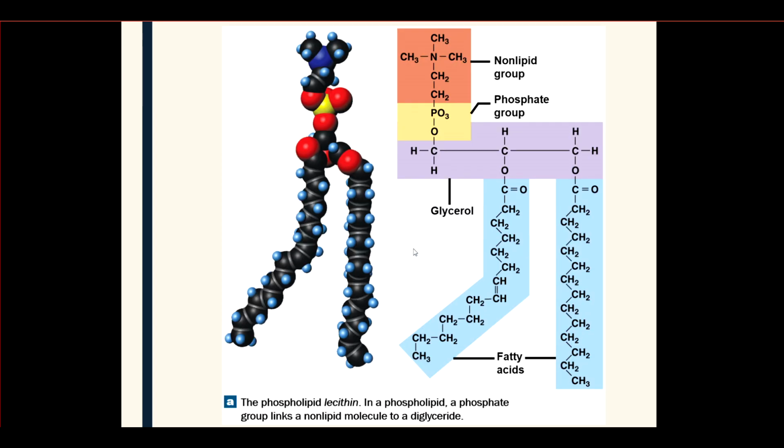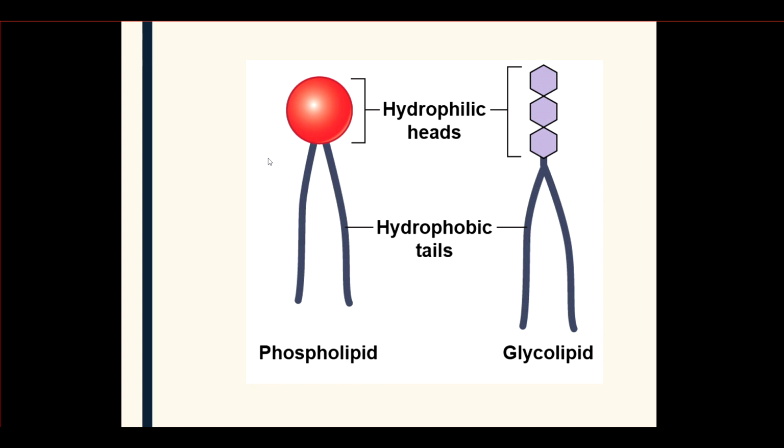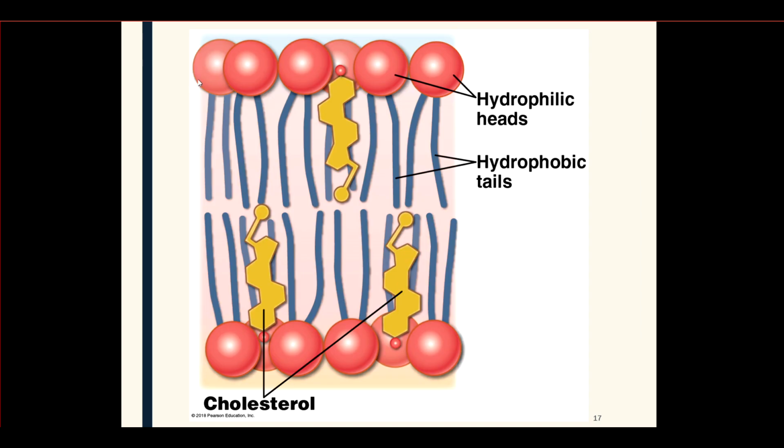Let's take a look. All right, so this is the phospholipid. We'll take a look at cholesterol in a minute. So watch this, guys. Let's just say we have 6 phospholipids here and 6 phospholipids down here. Let's just say before we put them in water, we just had them individually. Now we tossed all 12 of those phospholipids in a beaker of water. Watch what happens. These phospholipid heads, the phosphate heads up here, are hydrophilic.